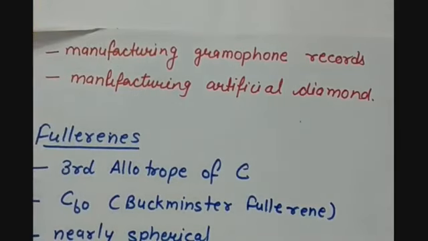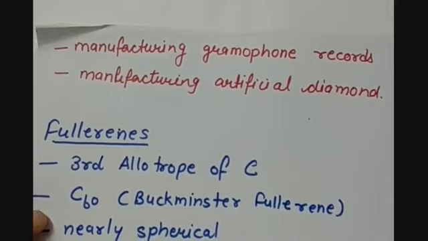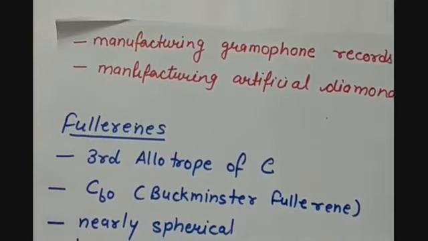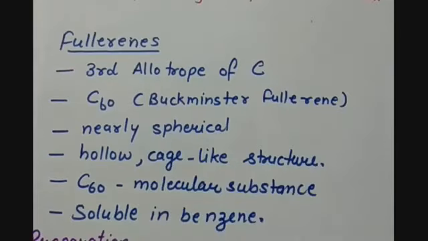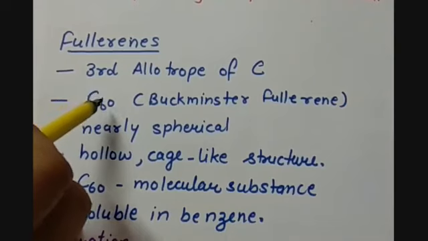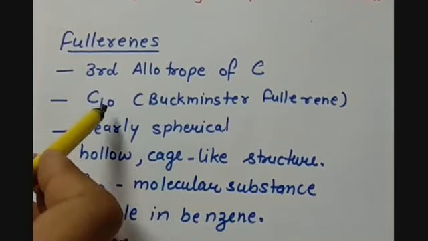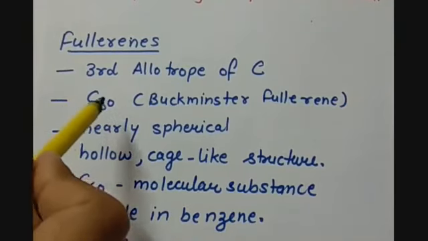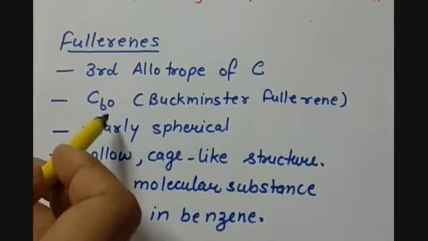Now, the third allotropic form which has recently been developed is fullerenes. Fullerene is an interesting allotrope of carbon having the formula C60. C60 here tells us that there is an arrangement of 60 carbon atoms.